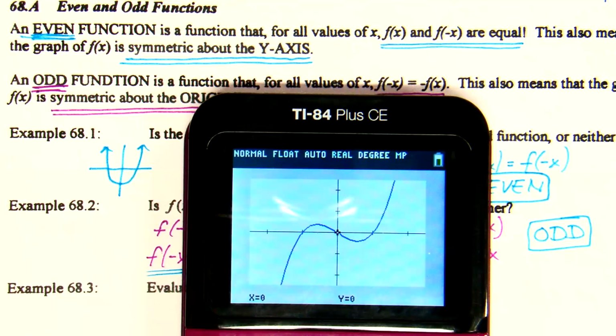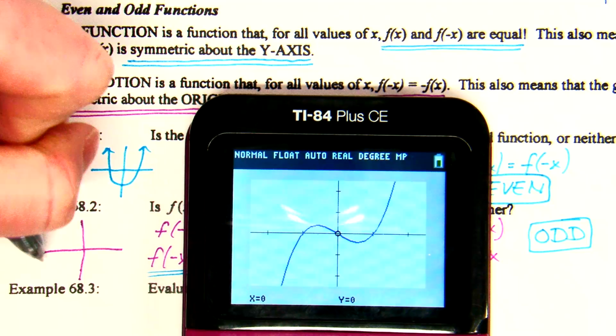If we take that right side and flip it across the x-axis, it's going to become upside down. And then if you flip it over the y-axis, it lands smack dab on top of it, right? That's the best way I can describe symmetric across the origin.